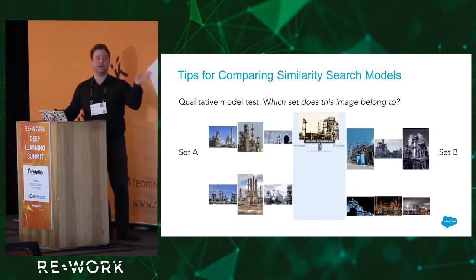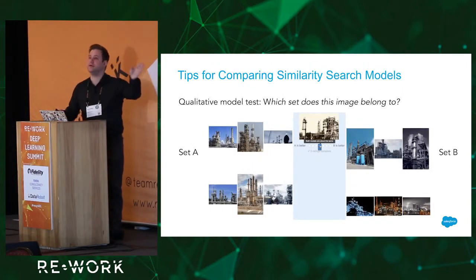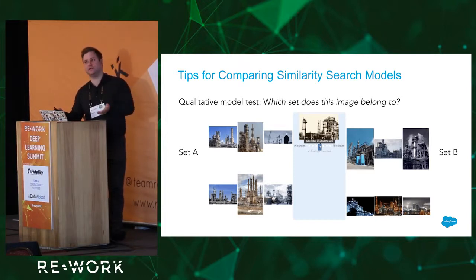If you had two separate versions of your models, you would run this test, and you'd see which is performing better qualitatively, and you can Turk this out. It serves as a really helpful check to essentially qualitatively do a regression test on new versions of your similarity search models.